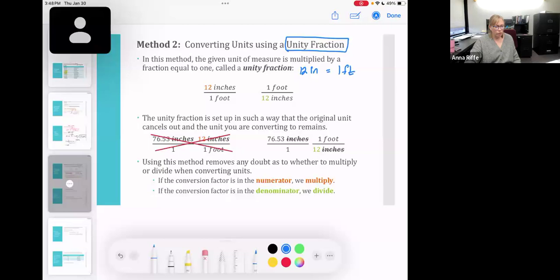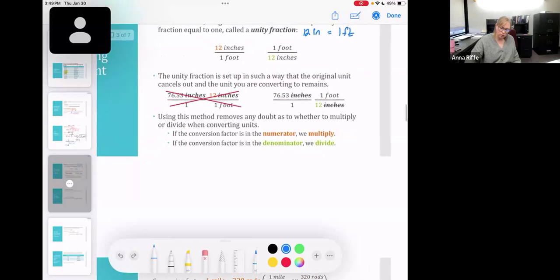We are going to use the unity fraction as follows. Sometimes it's easier just to see it written out. Before, if we wanted to convert 76.53 inches to feet, we would note our conversion factor and decide whether to multiply or divide.